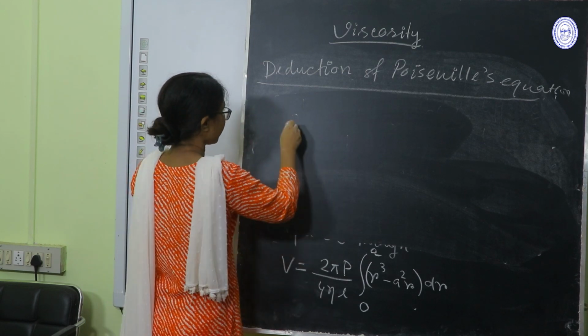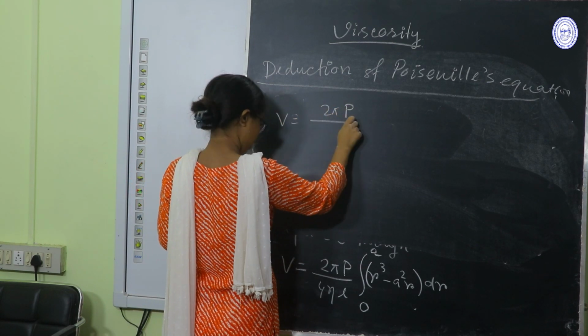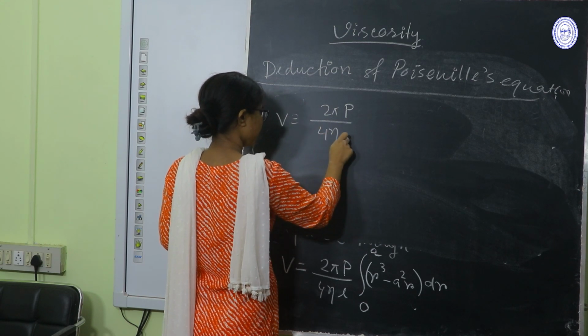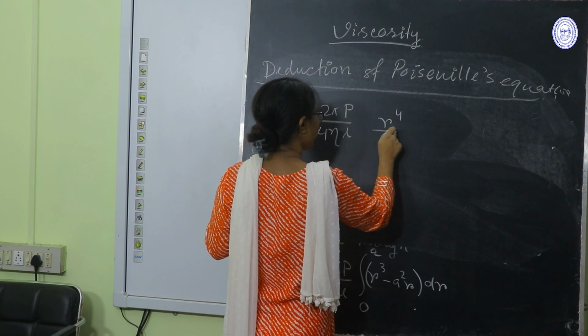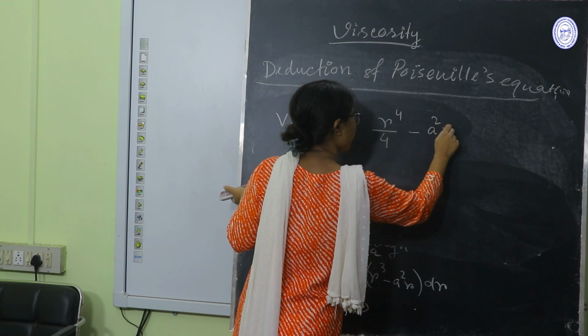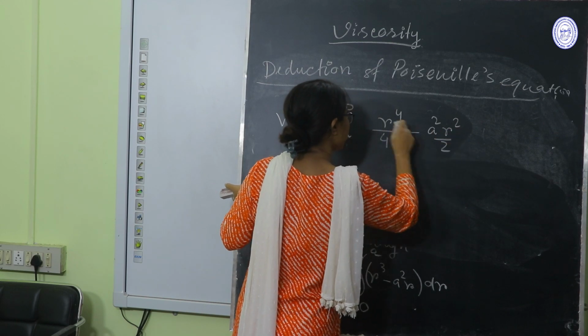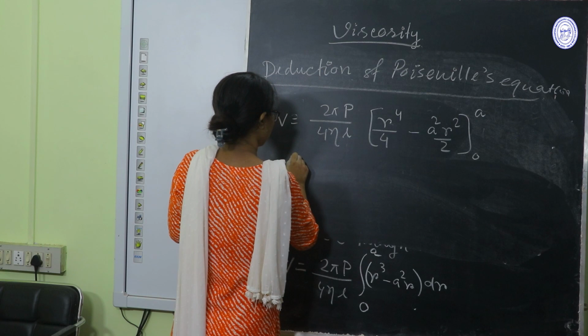Integrating this, we get 2 pi P by 4 eta L times r to the power 4 by 4 minus a square r square by 2, from 0 to a.